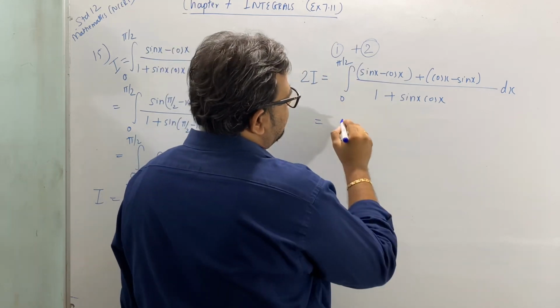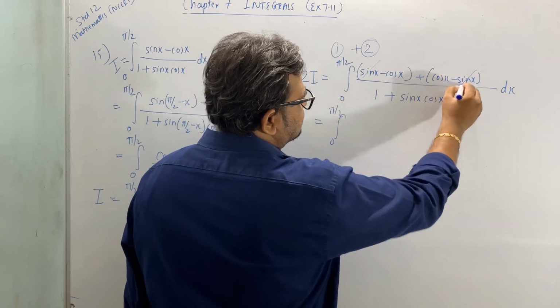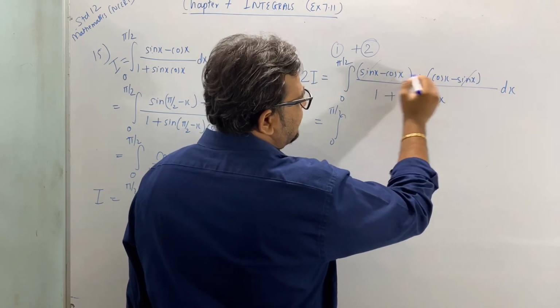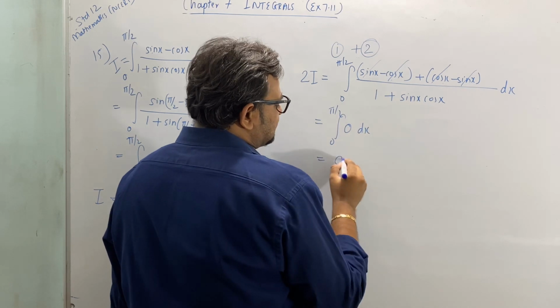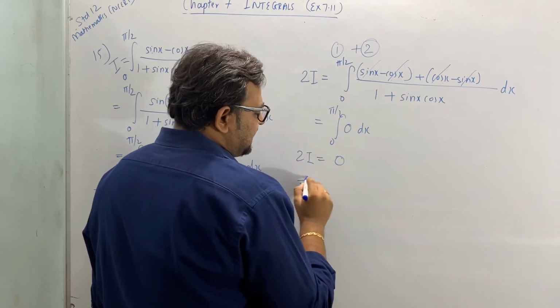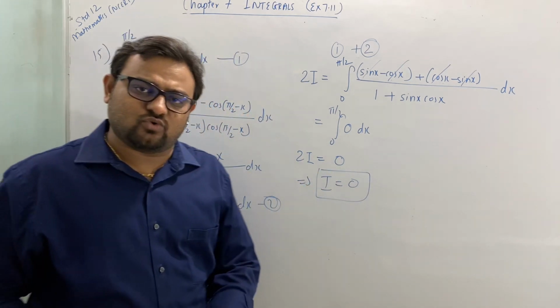So this will be sin x minus sin x, cos x minus cos x. So it will be 0. So your answer is 0. That implies I is equal to 0.